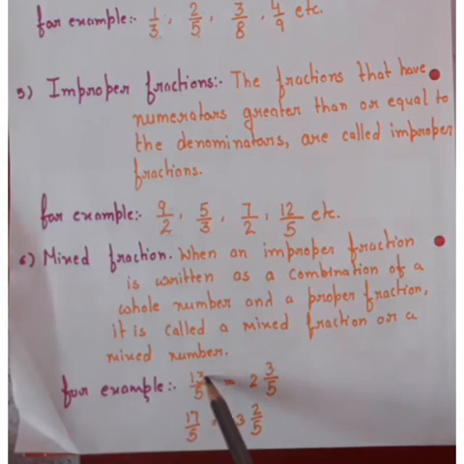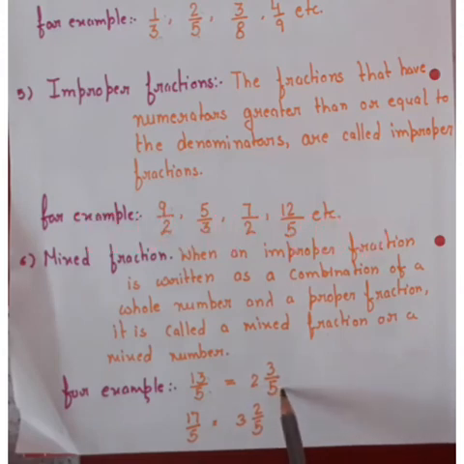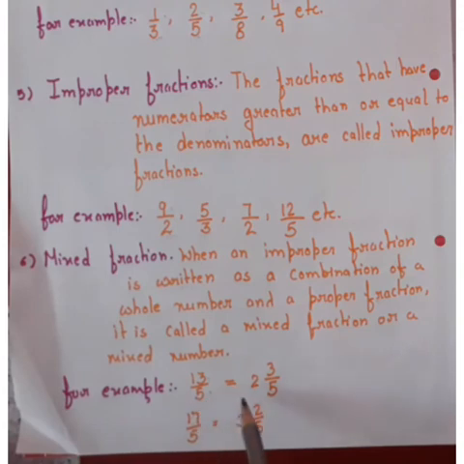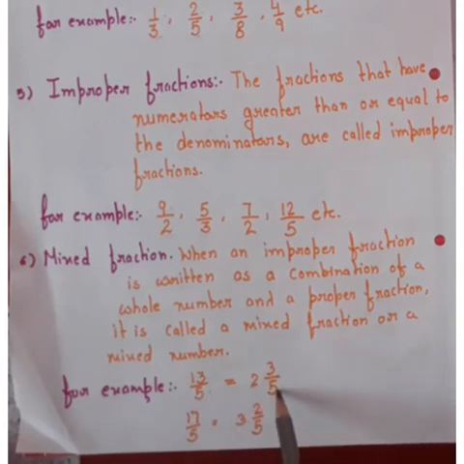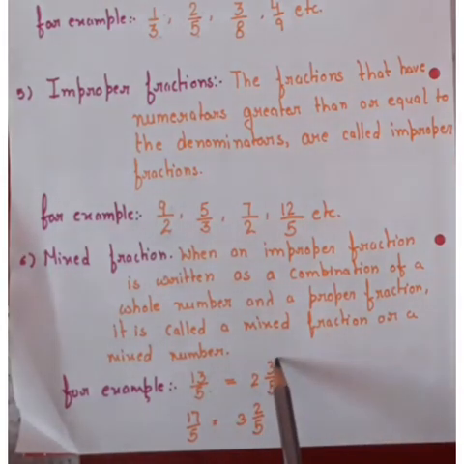Because the numerator is greater than the denominator. When I write this 13 upon 5 as 2 whole 3 upon 5, it means you have written this improper fraction as a combination of a whole number and a proper fraction. This 3 upon 5 is a proper fraction. So this is known as a mixed fraction.